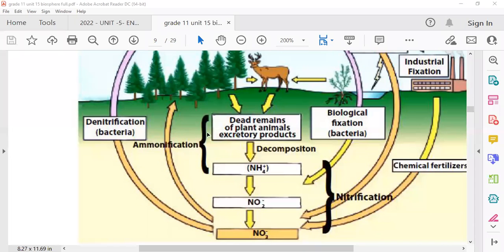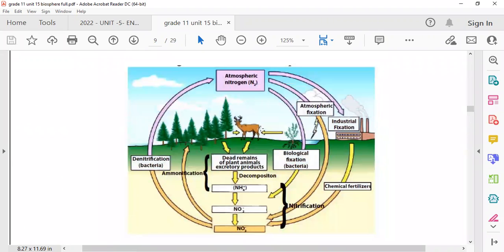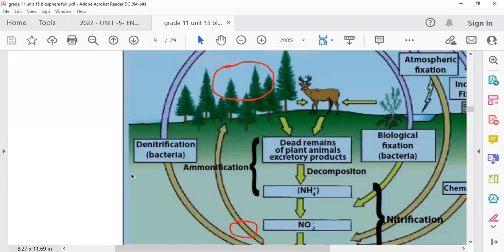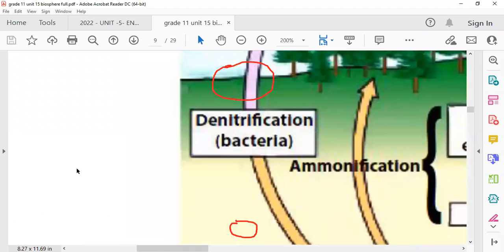When all these are going on, the last part is NO3 minus being converted to atmospheric nitrogen. This process is also done by bacteria, denitrifying bacteria.